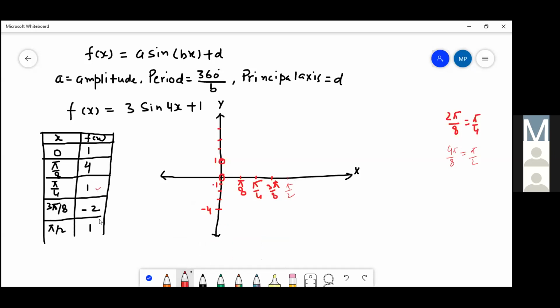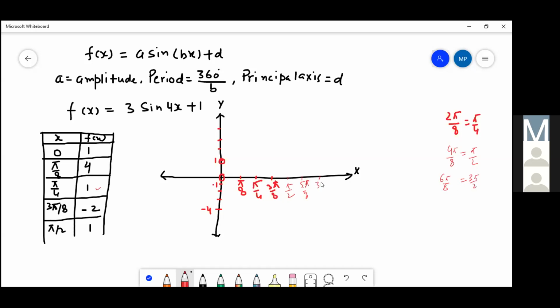And then 3 pi by 2. After this will be 5 pi by 8, then 6 pi by 8. 6 pi by 8 means 3 pi by 2.